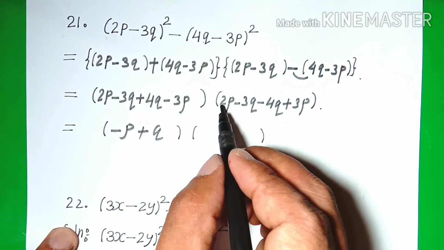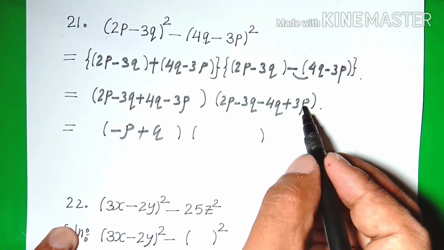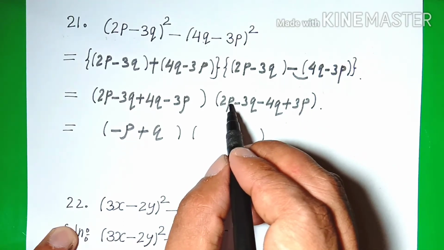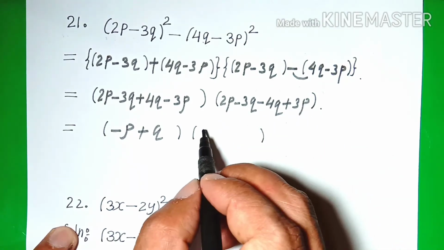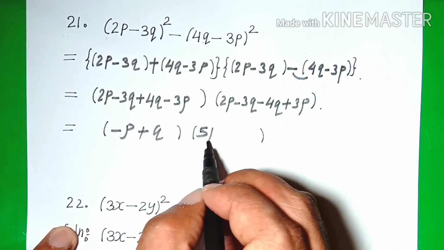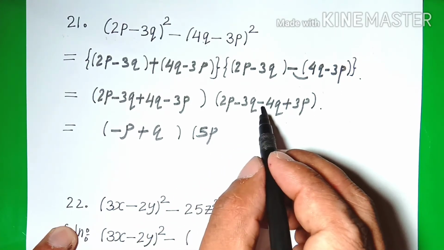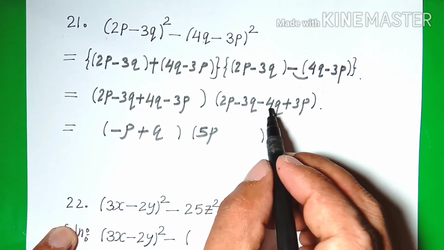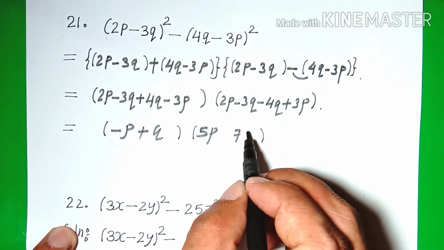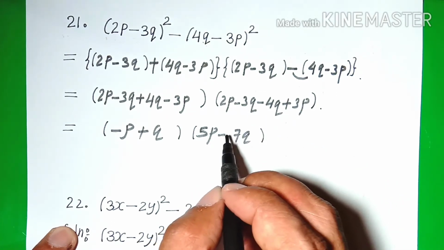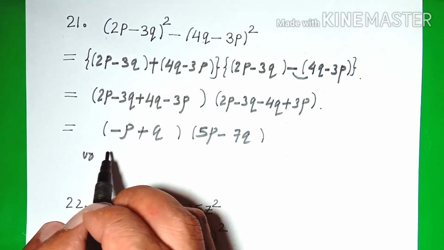Similarly 2p and 3p are like terms, 2p plus 3p equals 5p. Minus minus are plus, 3q plus 4q will be 7q, the sign will be minus.